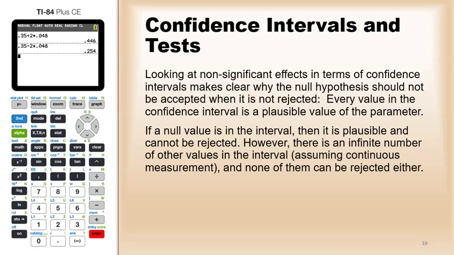Because every value in the interval is a plausible value of that parameter. If a null value is in the interval, then the null value is plausible and cannot be rejected. However, there's an infinite number of other values in that interval that also can't be rejected either. So that means that the null hypothesis is plausible, but there are other values that are also plausible.